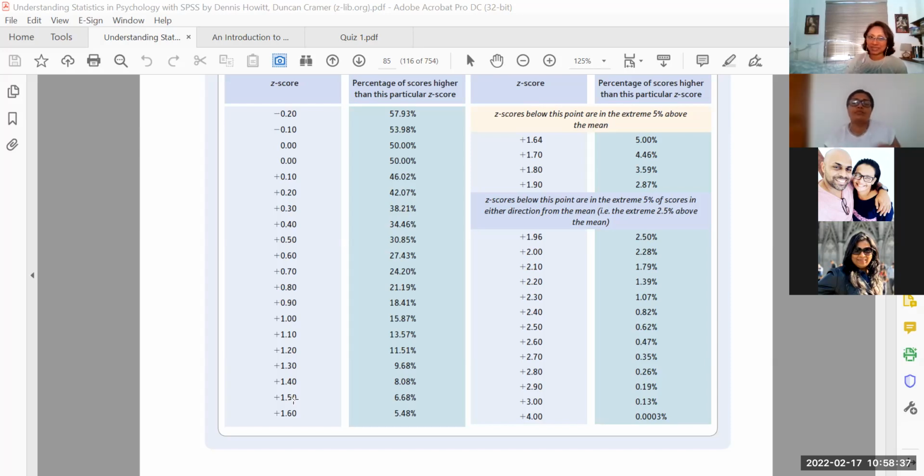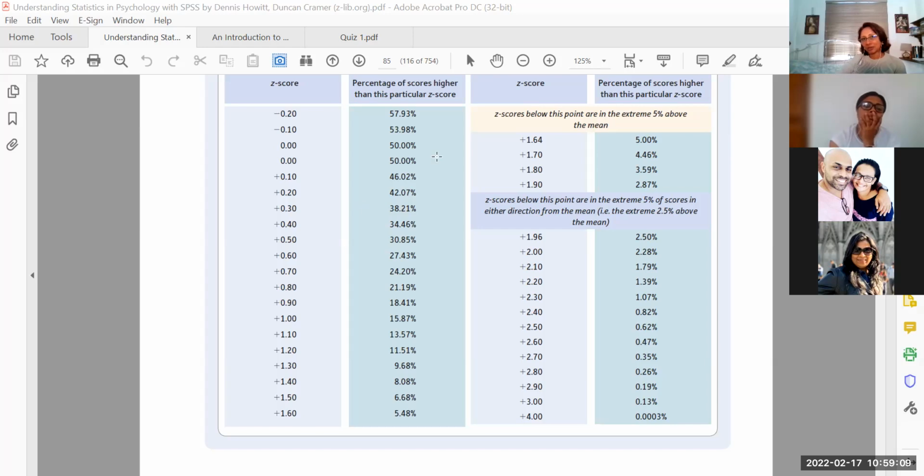If it's only 8%. If they are taking the top 25%, let's say, then what? If they are taking the top 25%, your Z score has to be more than 0.7, right? The top 25% will be somewhere here, right? So if you've got about 0.7, 0.8, 0.9, definitely you can have a place in the university.